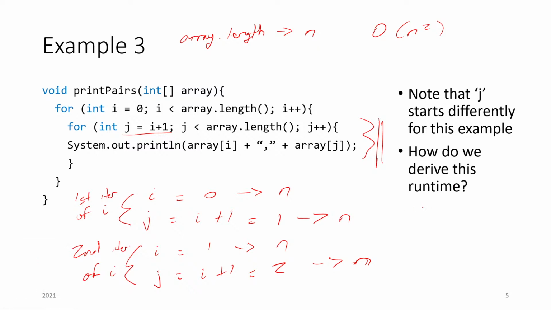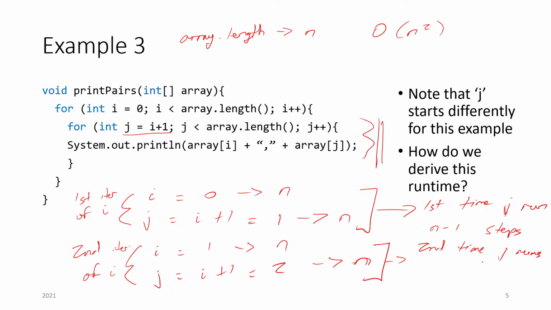So the first time j here is going to run, it's going to be n minus 1 steps. And then the second time j runs, it's going to be n minus 2 steps.